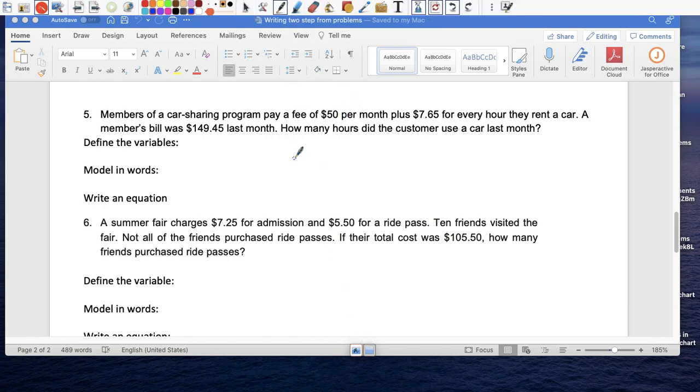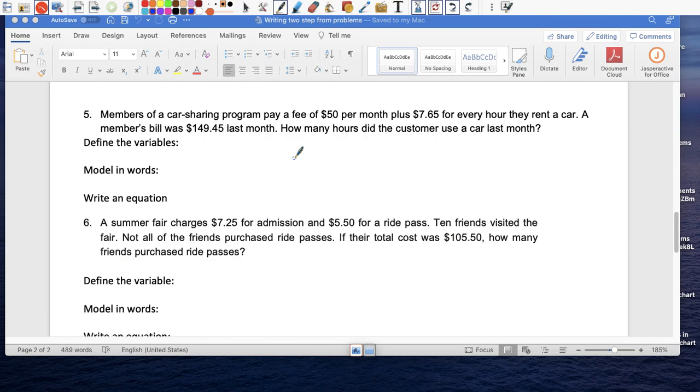Members of a car sharing program pay a fee of $50 and then $7.65 for every hour they rent a car. That's not bad. The member's bill was $149.45. How many hours did the customer use the car? I've actually signed up for one of these because my car was in the mechanic shop.